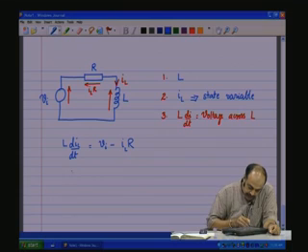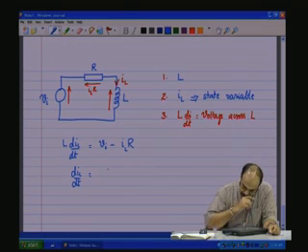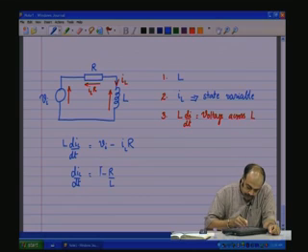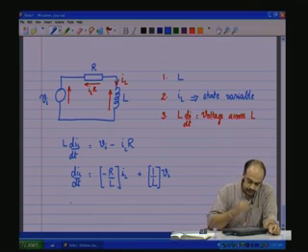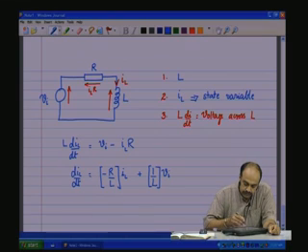So, putting it in the standard form, dIL by dt is equal to minus R by L into IL, the state variable, plus 1 by L into the input variable. And then the output variable for us, let us say, is IL.